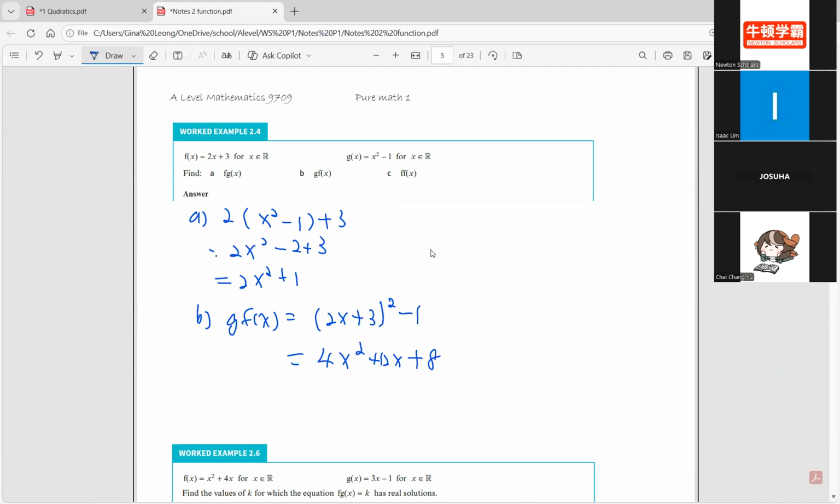For C, f put into f. I will get 4x plus 9.